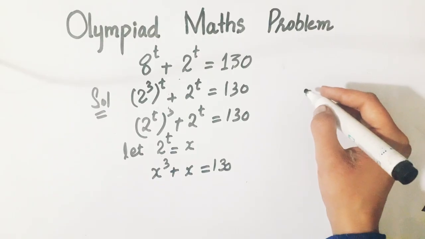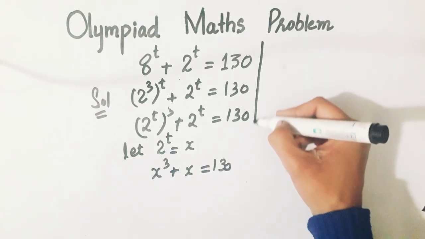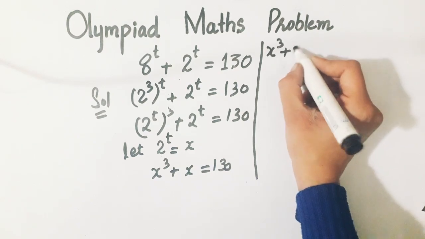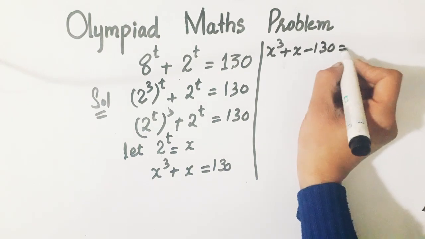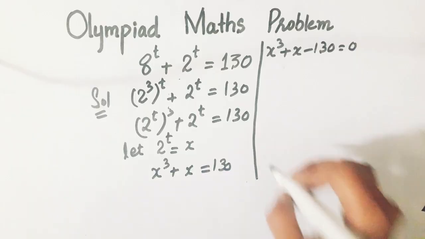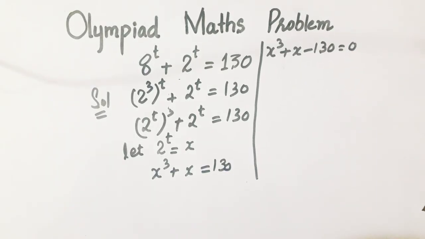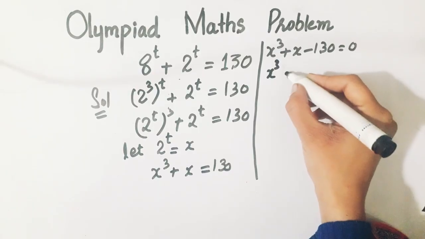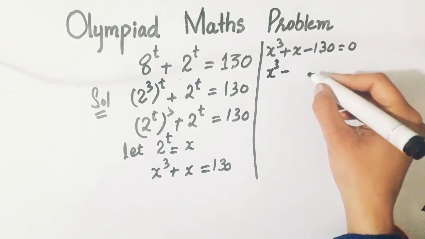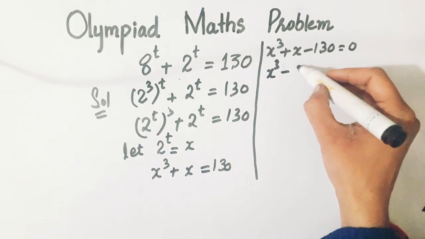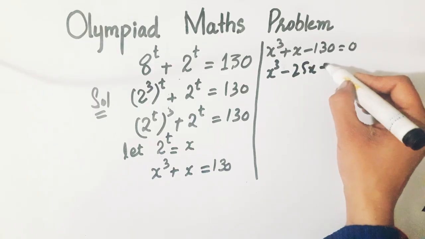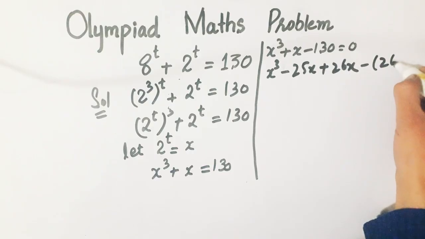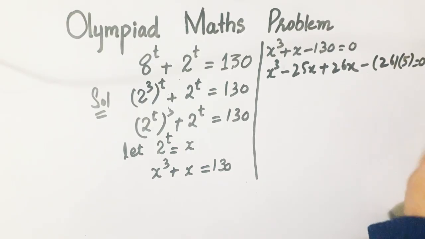Now we can write x cube plus x minus 130 equals 0. We solve this by writing x cube plus x as x cube minus 25x plus 26x, and minus 130 can be written as minus 26 into 5, equals 0.